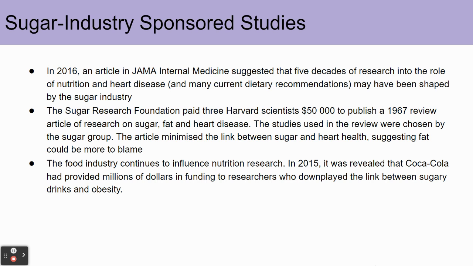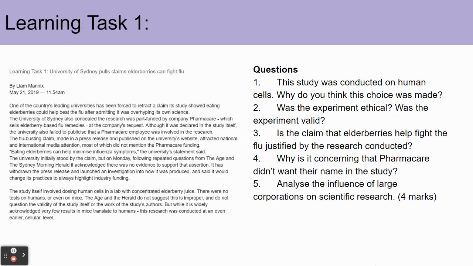This is an example, and we're going to look at an example similar to this in our learning task 1. We're going to read the article on where the University of Sydney had to pull down their claim about elderberries and the way that they fight flu. That was because the research was part funded by a company called Pharmacare, which sells elderberry-based flu remedies.